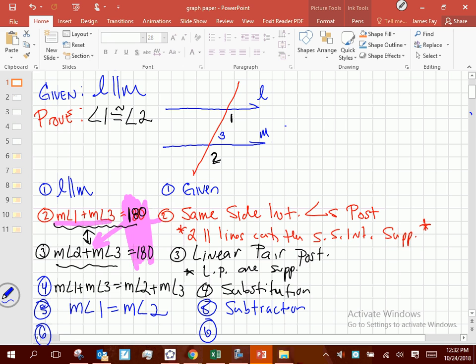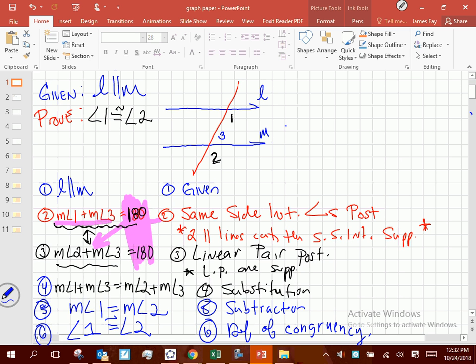Same shape, same size leads us to congruency, right? That's our definition of congruency. If you want to write that congruent angles have equal measures, or equal measures come from congruent angles, something like that, that's fine. But does that get us to what we wanted to prove?